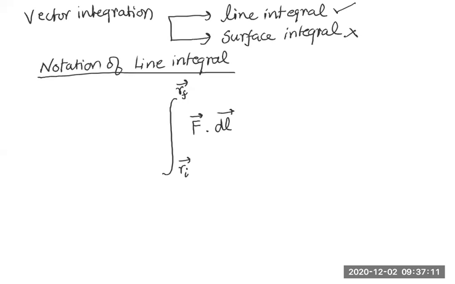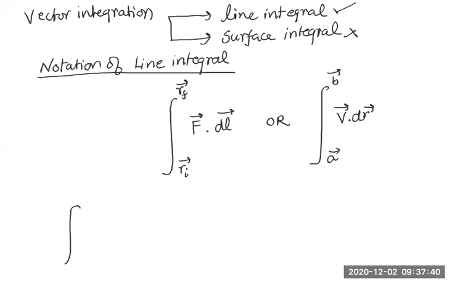The letters are not important, in fact none of them. We can write this like this also; it does not really matter. Letters don't matter. The thing that matters is that there is a dot product inside the integral. So please don't get confused.